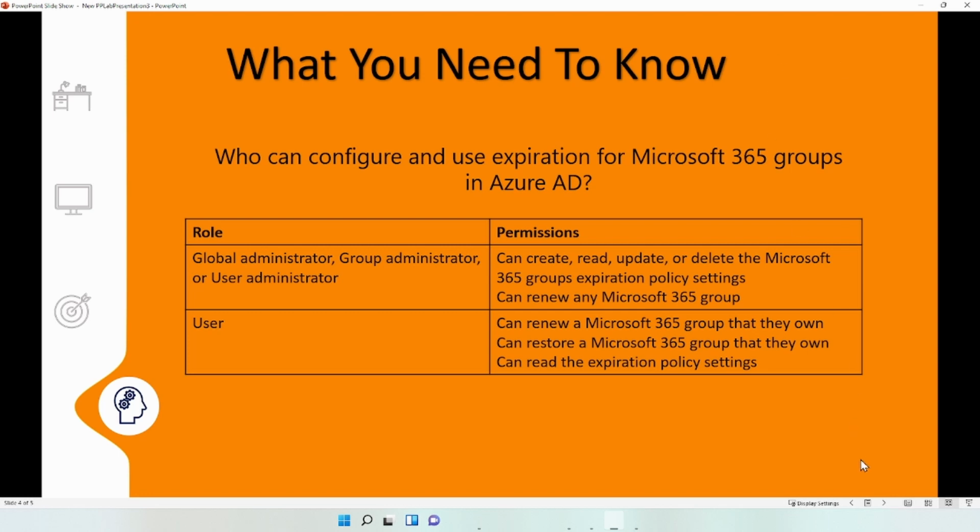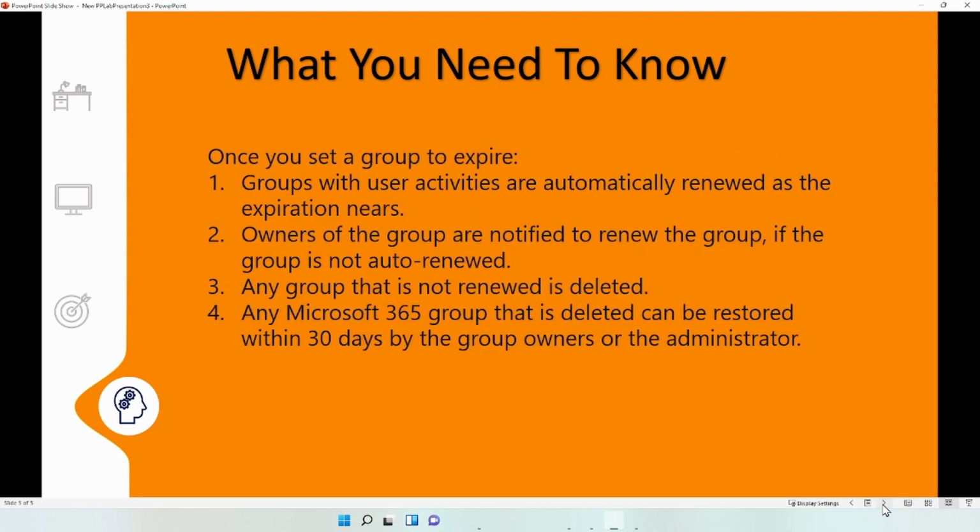Another thing you need to know is what happens when you set a group to expire. When you put expiration settings on a group, the Microsoft Office 365 environment looks at whether there is user activity happening, and if there is, it automatically renews that group.